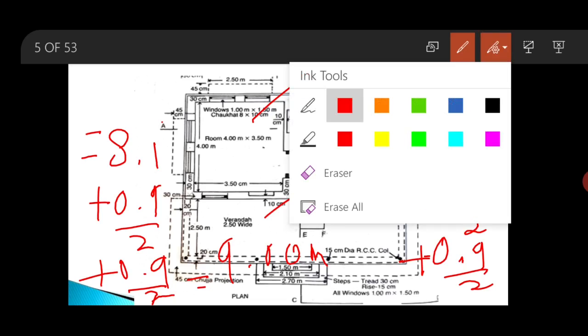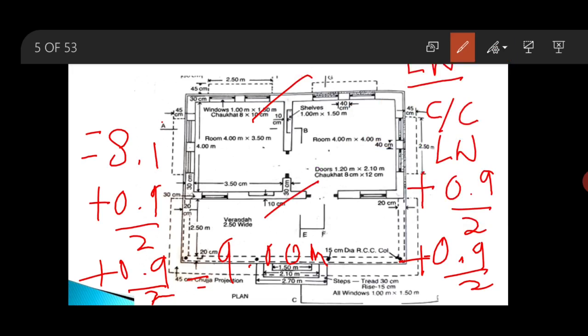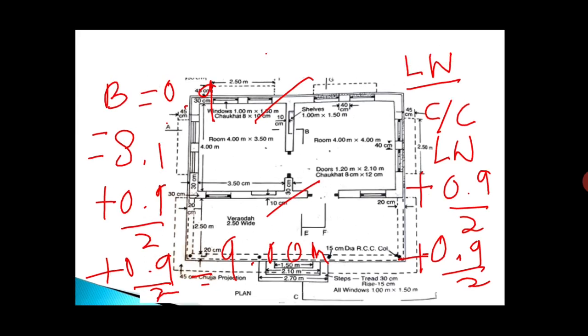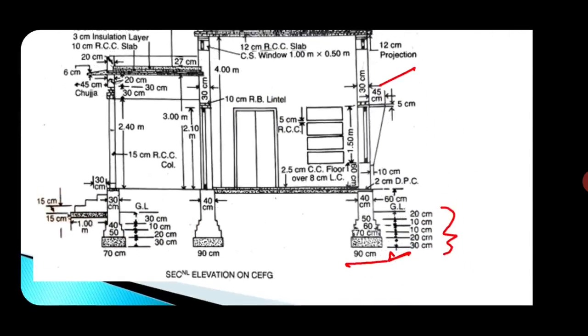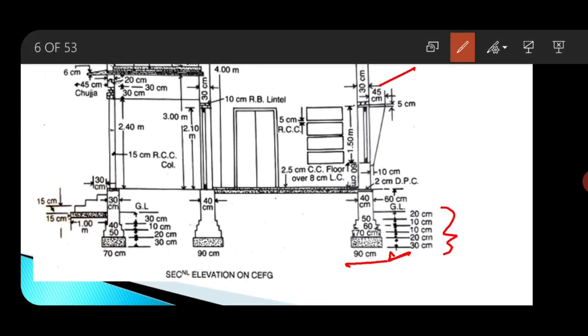Then we will go for the breadth. The breadth will be how much? The breadth will be 0.9 meter. And what will be the depth? For depth, again we will go to the sectional part. You can see here the depth will be from the ground level up to the bottom of the foundation.